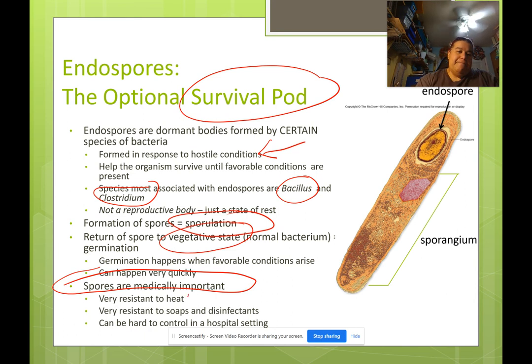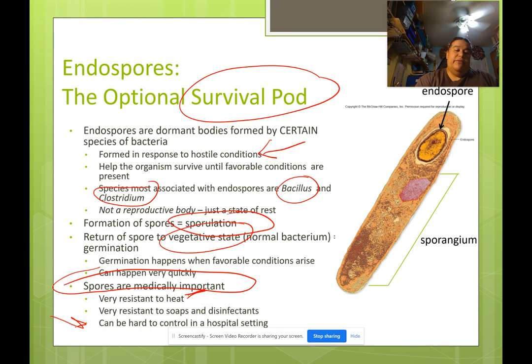They are very resistant to soaps and disinfectants. So if you think I'm just going to wipe down the counter with some soap and water, it'll be fine, not if we're talking about endospores. They're in a hard shell that's protecting them. They're fine with soaking in soap and water. They don't care.